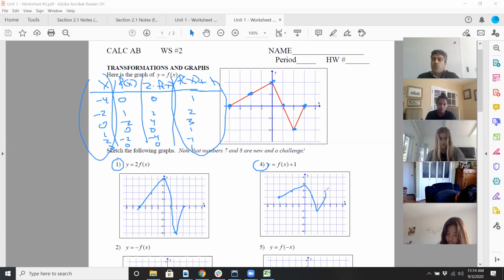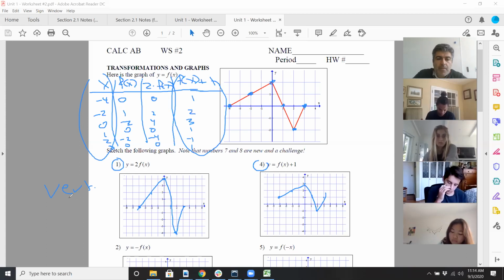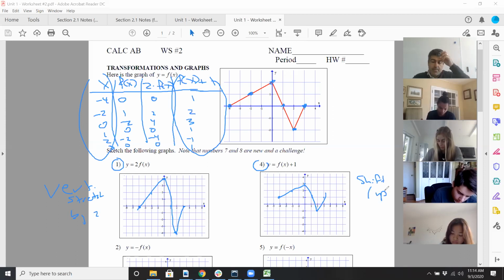So notice how that graph is transformed. It went up 1 unit. So this was a vertical stretch by 2. This was a shift 1 up. That's what's happening there.